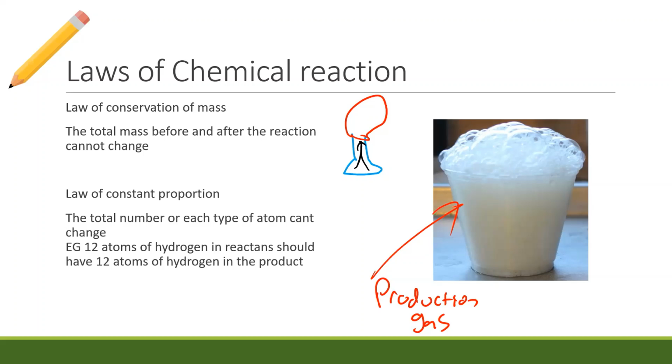They can be bonded differently, they can be in different places, it doesn't matter, but you can't just lose 2 atoms of hydrogen. You can't just lose 1 atom of oxygen. You have to have the same number of atoms at the start and at the end, and they need to be the same types too. It's a little bit different than the law of conservation of mass, but in my way, it's pretty much the same thing.